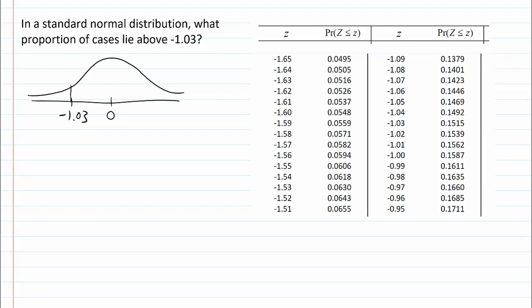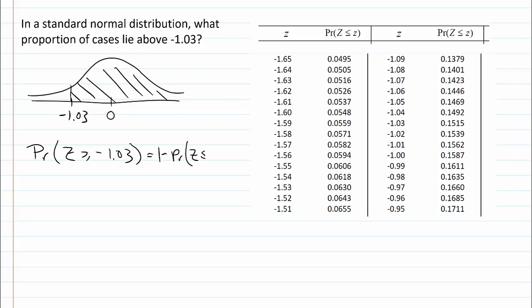And what I need is the area under the curve above negative 1.03. So the probability that z is greater than or equal to negative 1.03, that's actually going to equal 1 minus the probability that z is less than or equal to negative 1.03.